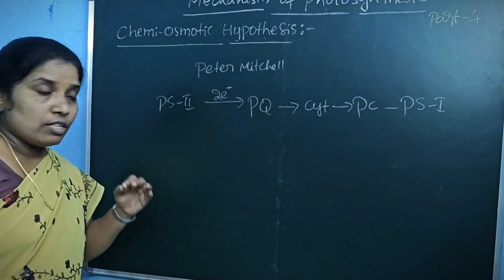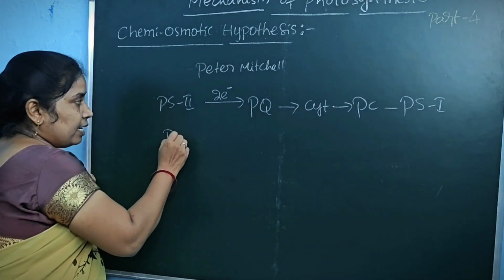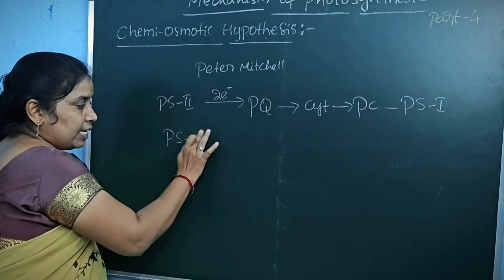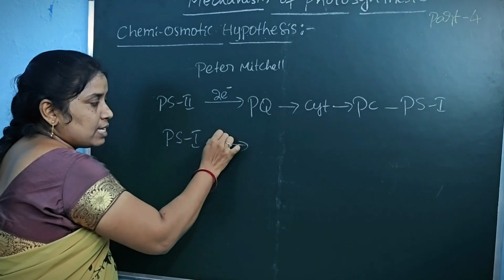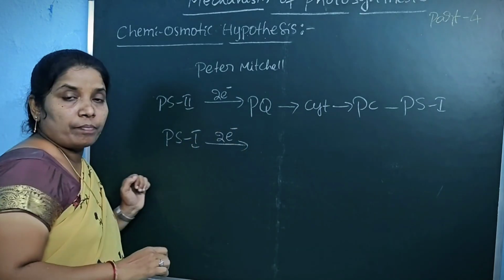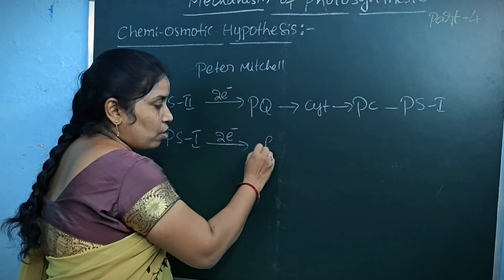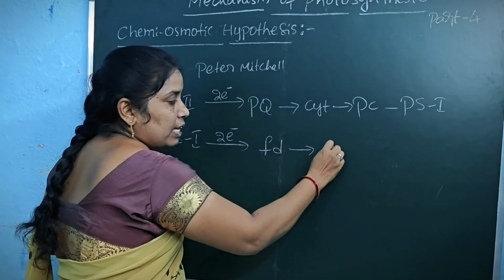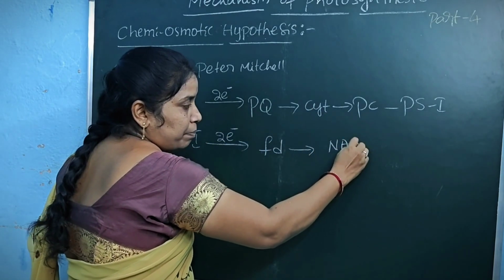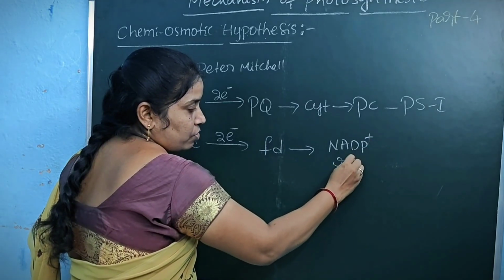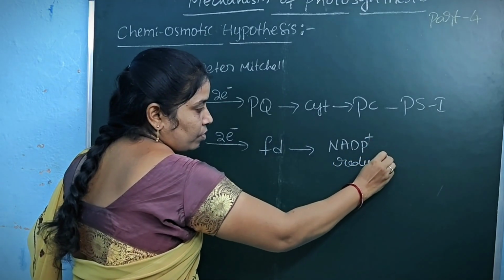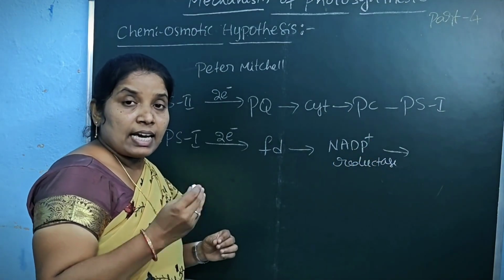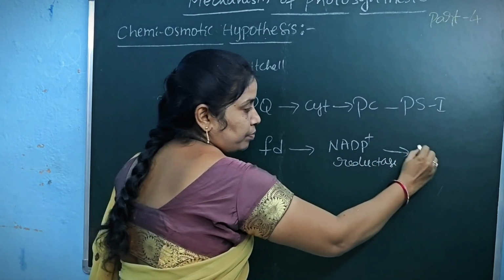PS1 is also further excited by taking sunlight. It also releases electrons. They are passed to ferredoxin and then they reach NADP plus reductase to synthesize NADPH.